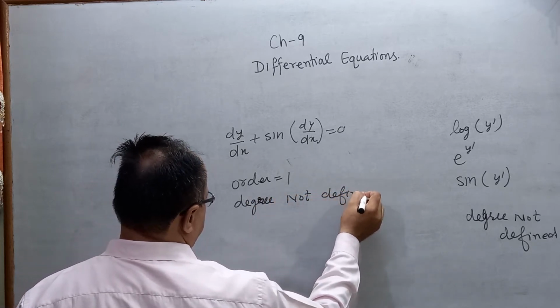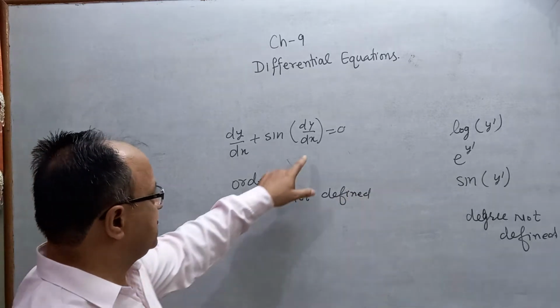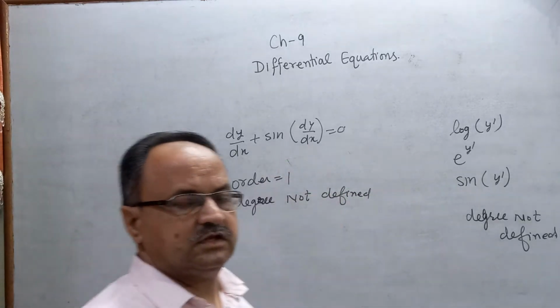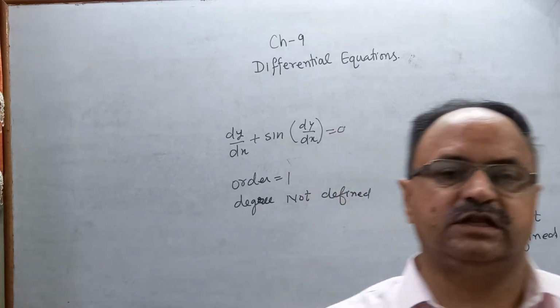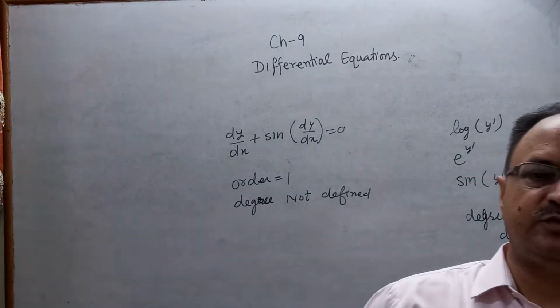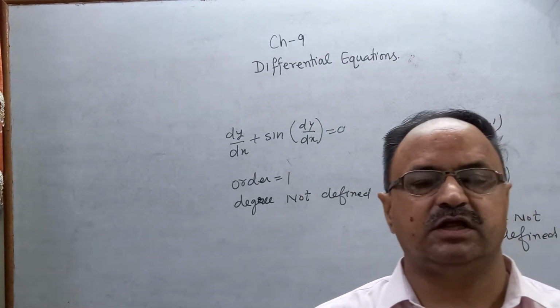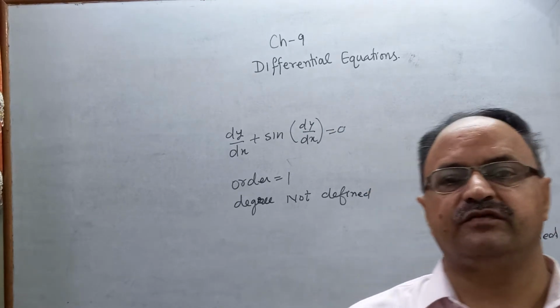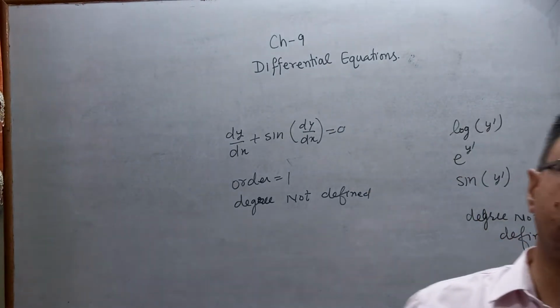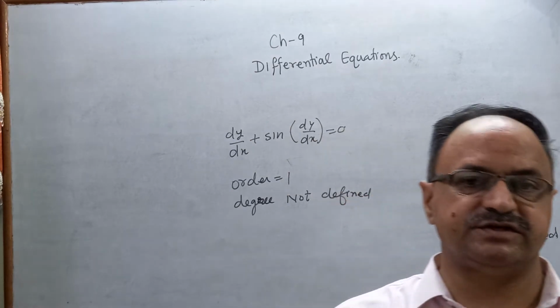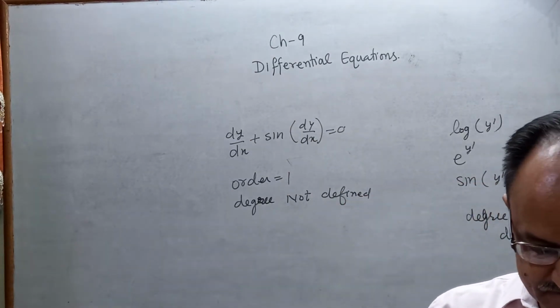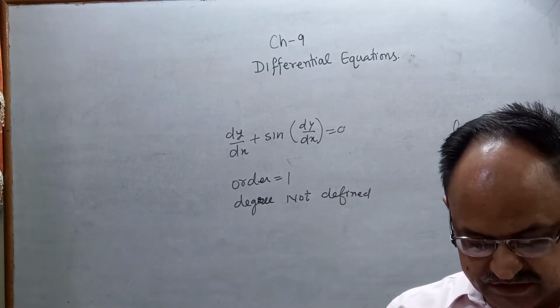Because you know that if the derivative is present in the angle of a trigonometric function, first order, second order, third order, then you can say the degree is not defined, because that equation is not in the standard form of the differential equation. Clear? So in this case, degree not defined.